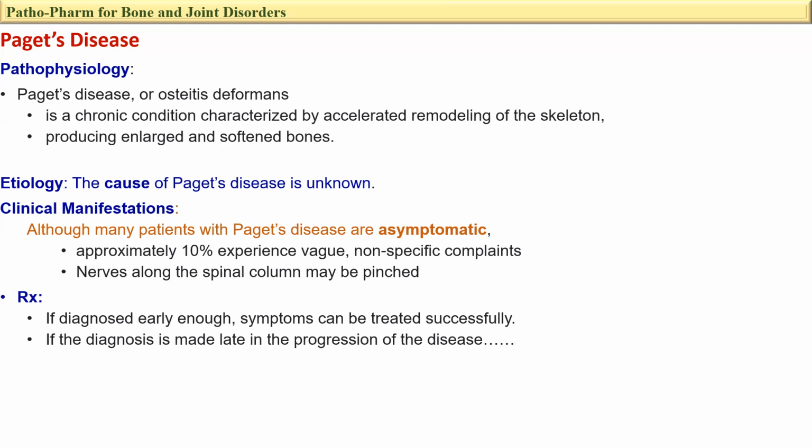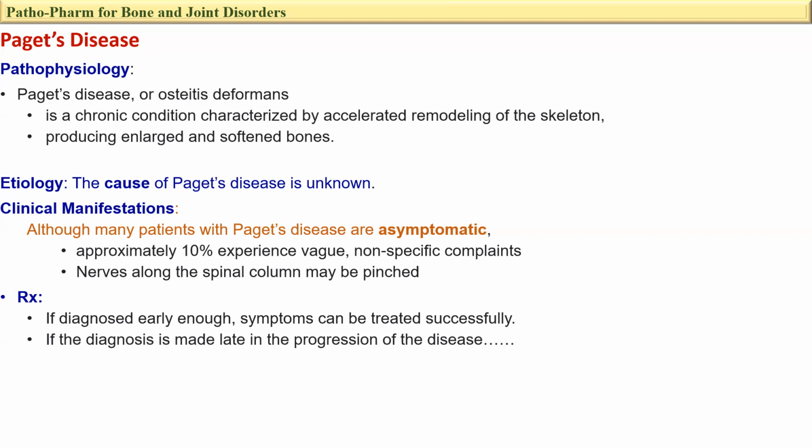Nerves along the spinal column may be pinched because of abnormal vertebral bone growth. Remember, both bone resorption and bone deposition occur simultaneously at a very high rate, which will eventually result in new bone that is weak, brittle, and fragile, and may result in deformities and fractures.